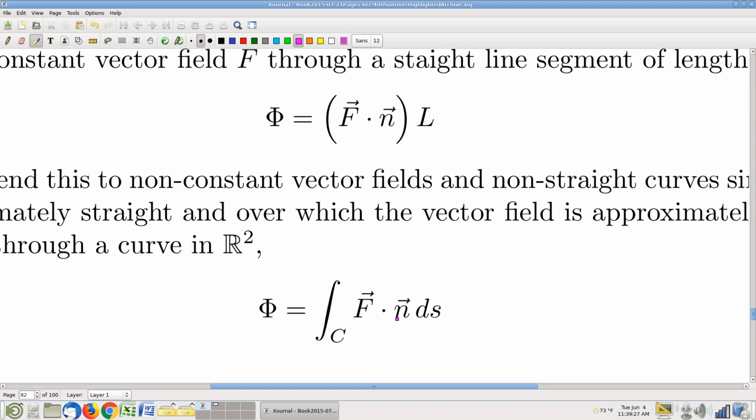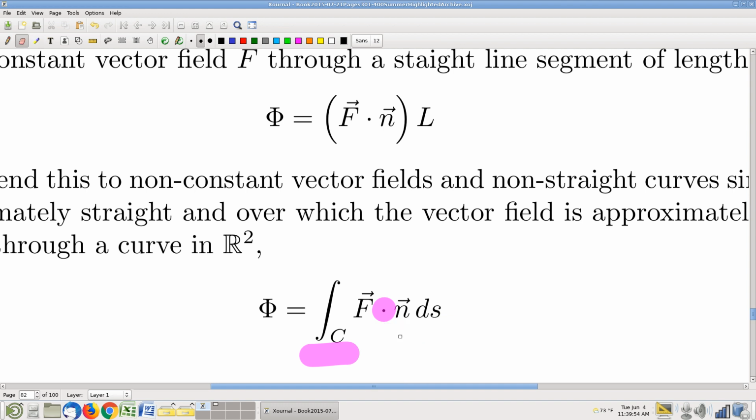We don't know how to compute the integral over a curve of F dot n ds. That n is different, that's kind of new. I do know how to compute an integral of something dot T ds, because that's just a different version of our work integral, basically. Vector line integral. Can't deal with the n.